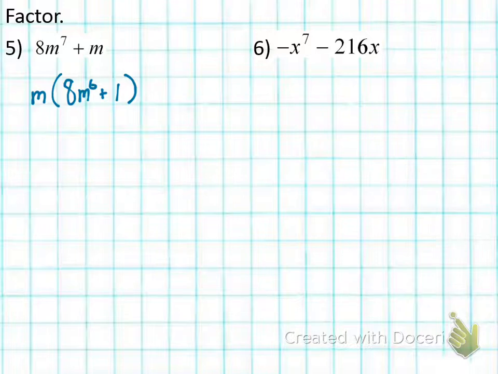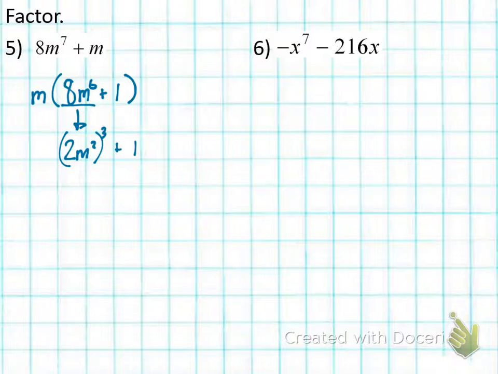You got it? Okay, and then what is the cube root of 8m to the 6th? 2m squared. Okay, cube root of 1 is? 1. Okay, good. So do this whole problem and don't forget that GCF at the beginning.